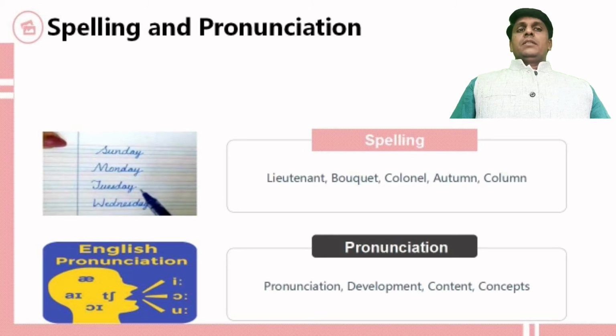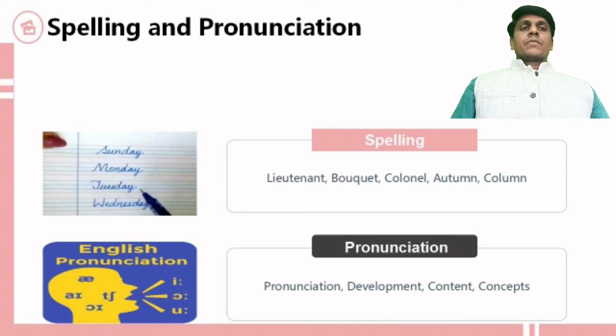Take an example of spelling. I know words like lieutenant, bouquet, kernel, autumn, column. When I speak, I use all these words finely and fluently.